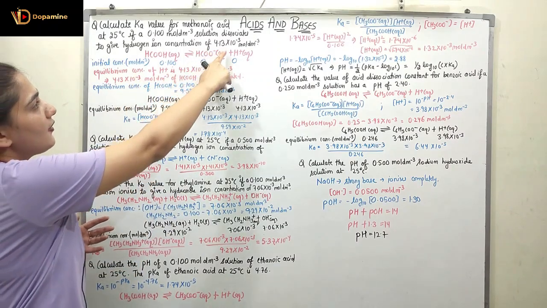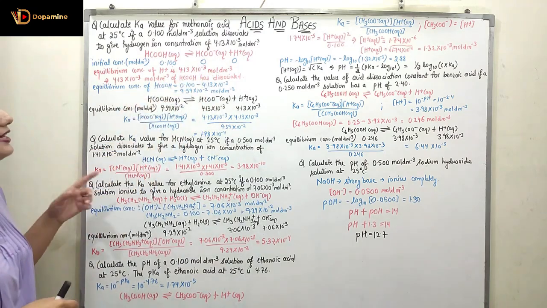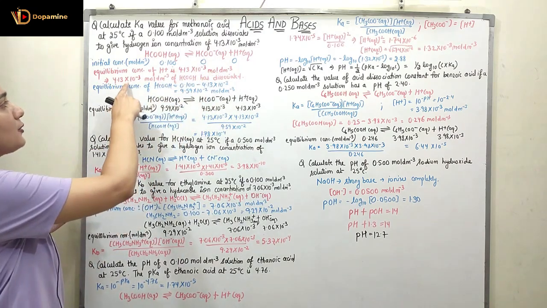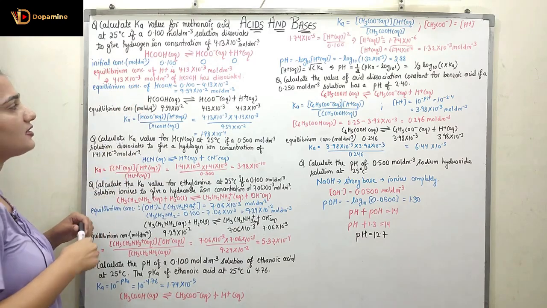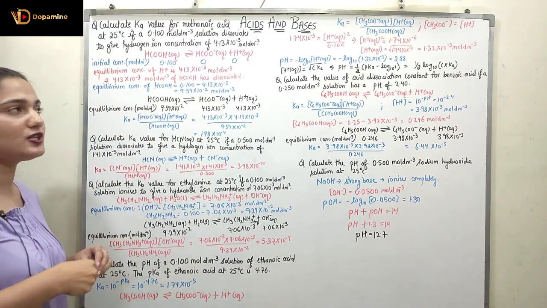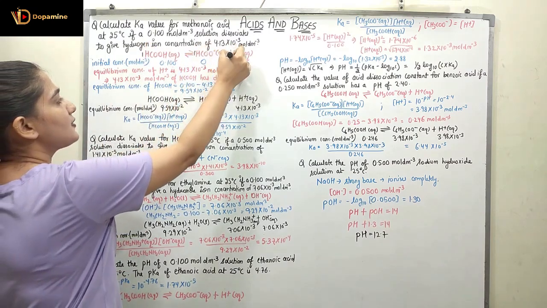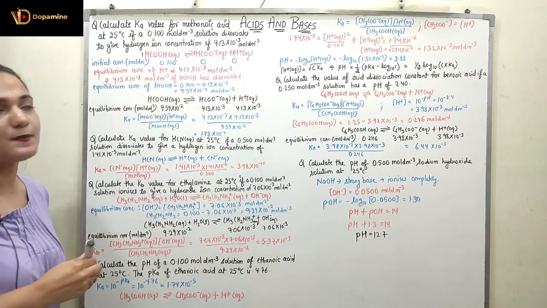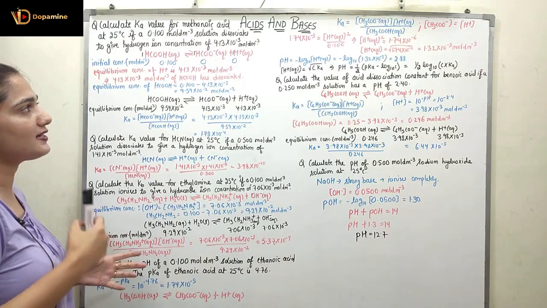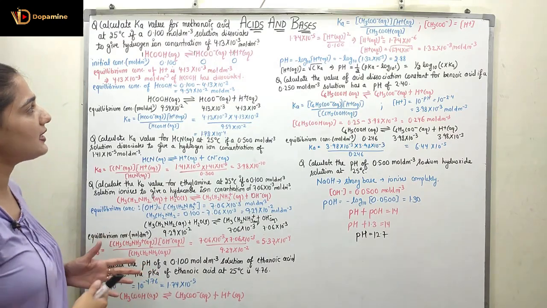It is 4.13 × 10^-3 mole per decimeter cube, right? So which means 4.13 × 10^-3 mole per decimeter cube of HCOOH has dissociated, because the coefficient here is 1 and here is 1. So the concentration of H⁺ will be equal to the concentration of HCOO⁻, which is 4.13 × 10^-3.